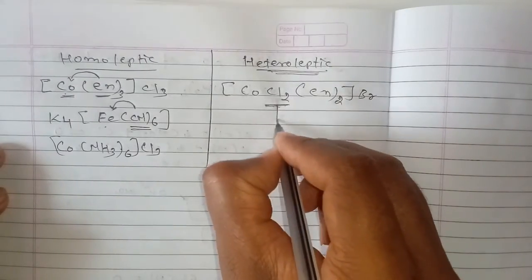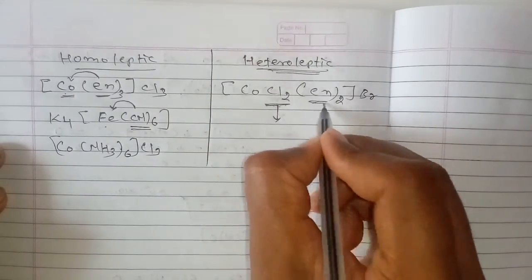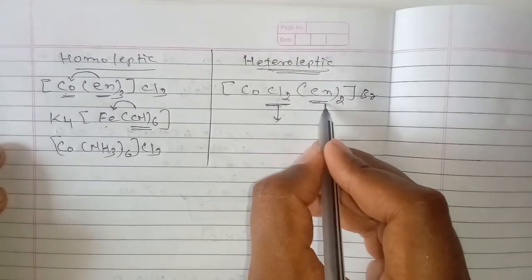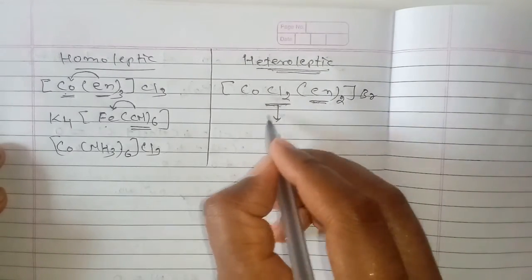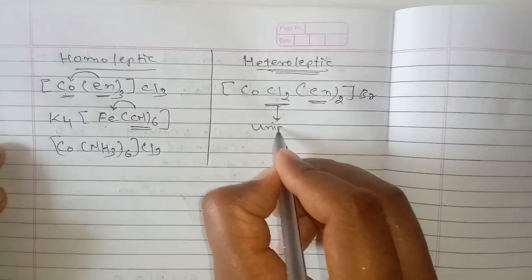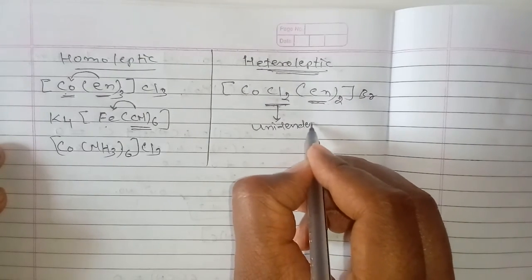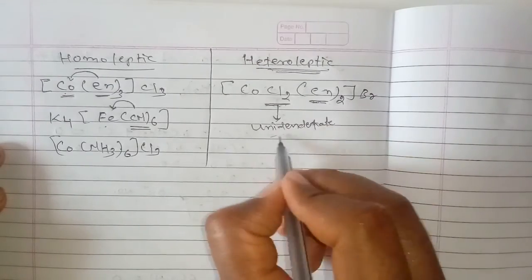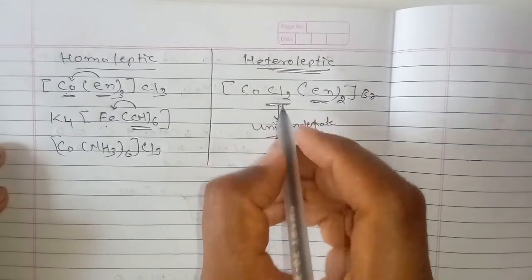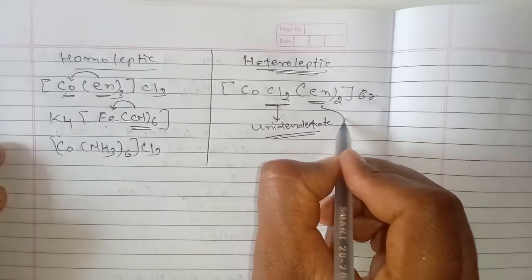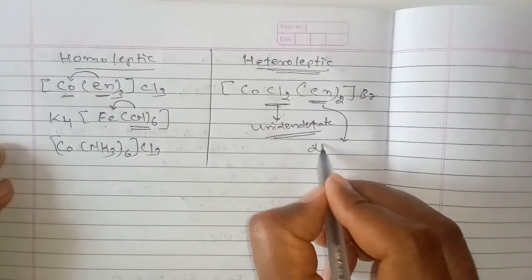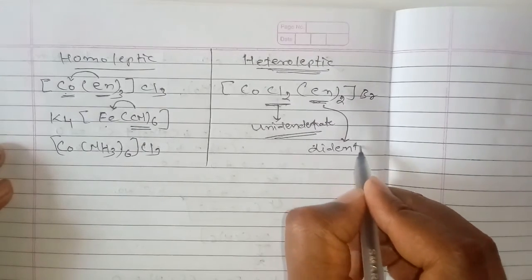Here the Cl and ethylene diamine, two different types of ligands, because here Cl is unidentate, and here the ethylene diamine which is didentate ligand.